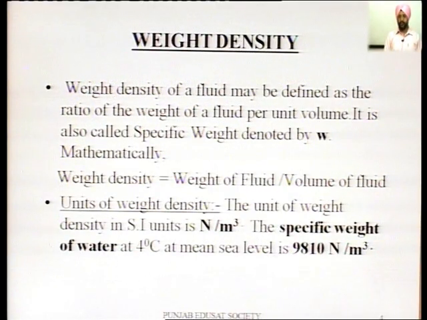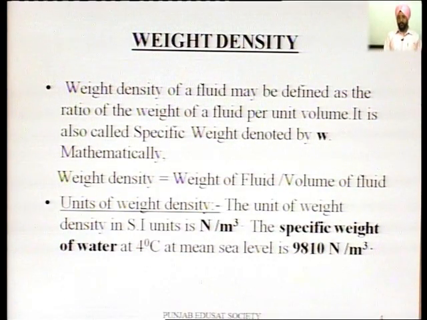The unit of weight density in SI is Newton per meter cube, and the specific weight of water at 4 degrees centigrade at mean sea level is 9810 Newton per meter cube. So if mass density is 1000 kg per meter cube, the weight density of water is 9810 Newtons per meter cube.